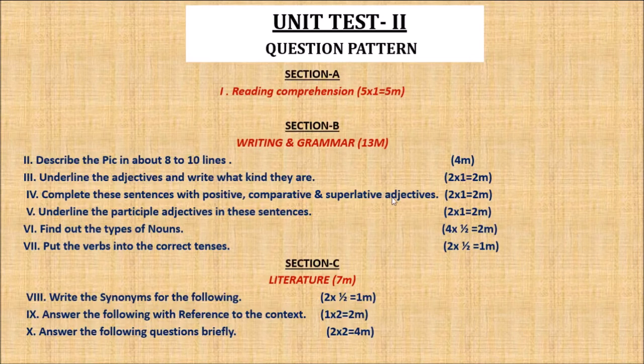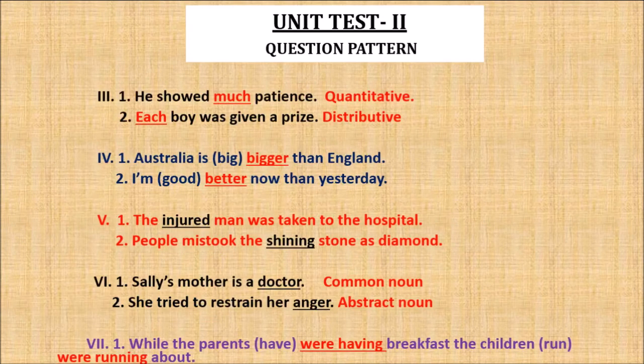Isn't it, children? Yes. Next, underline the participle adjectives in these sentences. Two questions will be asked and each question carries 1 mark, so 2 into 1 equal to 2 marks. Let us see how to do the exercises regarding participle adjectives.